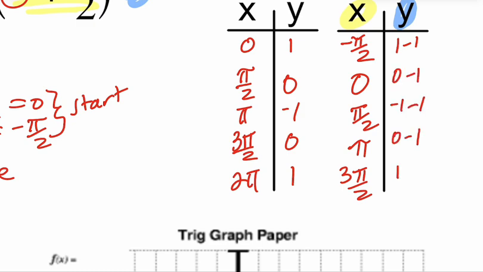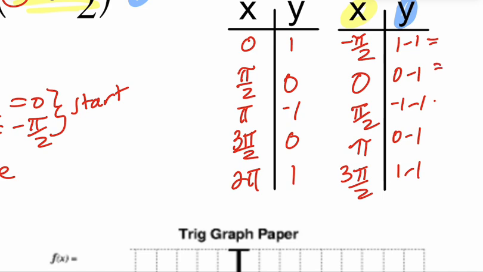Every single one of those y values, if we take off 1, now you don't have to write those down. You could just take off 1 from each one of them in your head. 1 minus 1 is 0. 0 minus 1 is negative 1. Negative 1 minus 1 is negative 2. 0 minus 1 is negative 1. 1 minus 1 is 0.